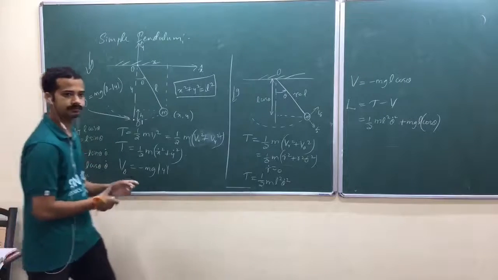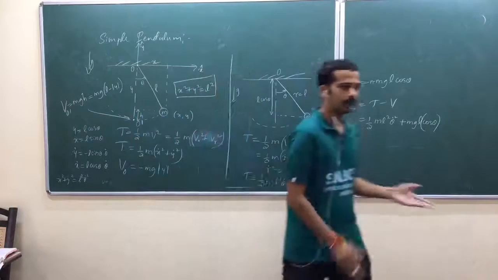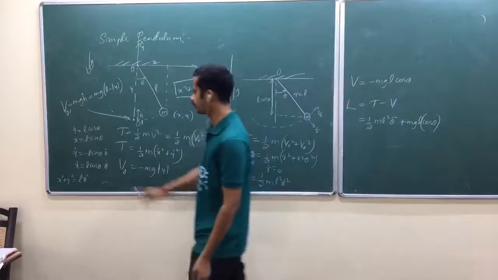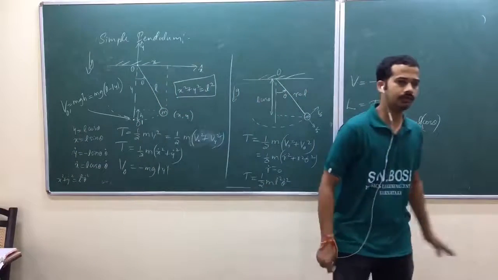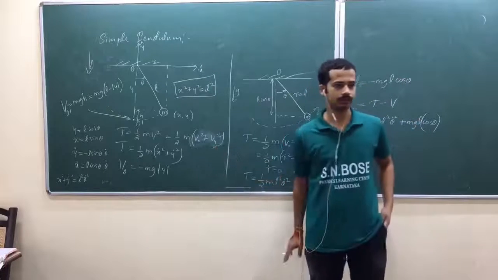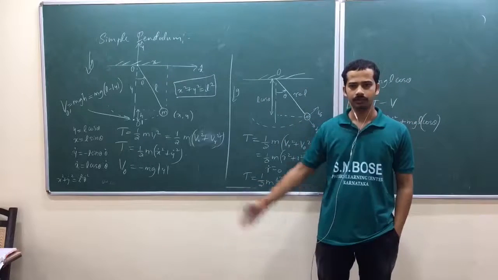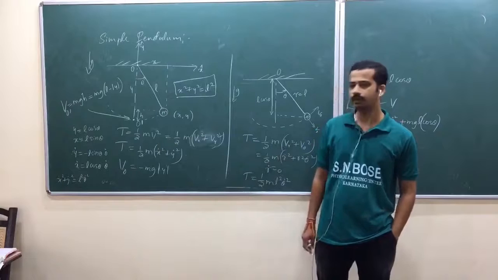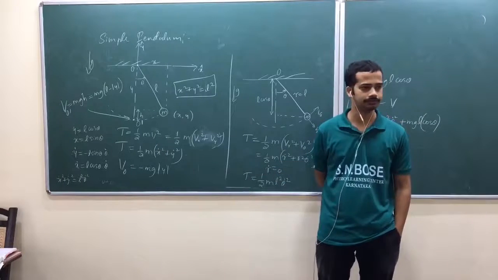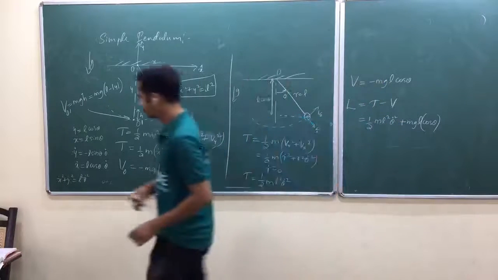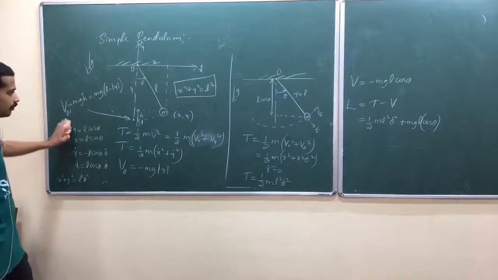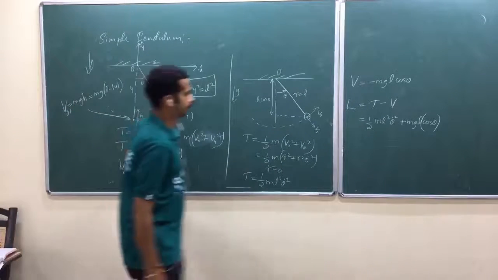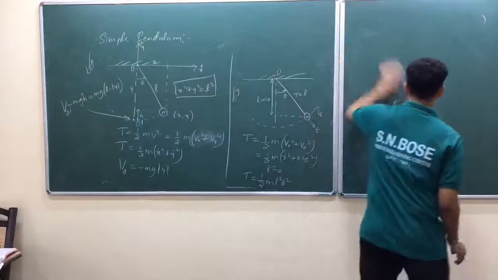Small note: it's not always true that x equal to r cos theta, y equal to r sin theta. That all depends on how you have chosen your coordinate system. That's our choice always. But ultimately, you can transform it into the new coordinate like this one. So how have we done this transformation?